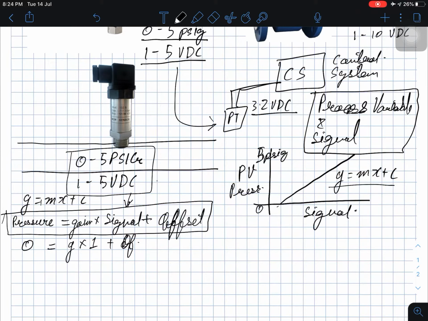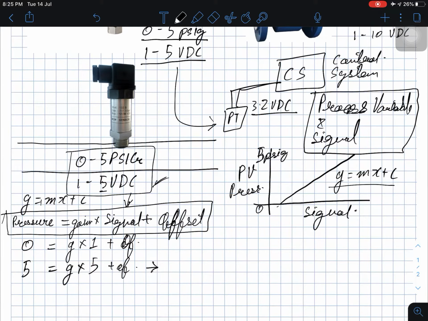From this data again, we can say that when the pressure is 5 psig, we don't know the gain, and the signal is 5 volts, and offset we don't know, so we'll keep offset.